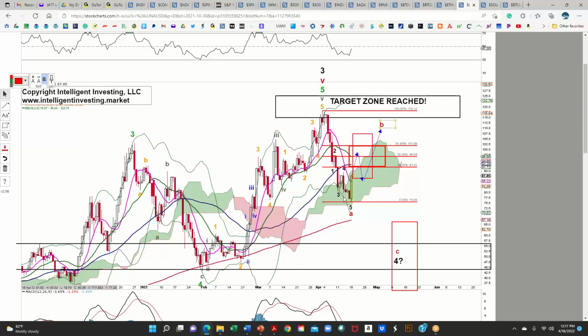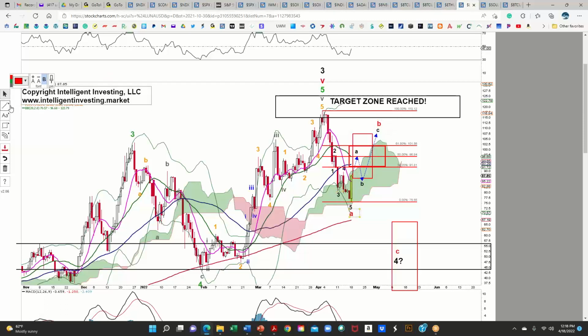This can still be very possible. And then we have simply wave A of B now underway, something like this. And then we get wave B of B soon. And then we get a wave C of B, because B waves are always three waves, always. Now let's assume this is going to be a standard zigzag, something like this, very possible.